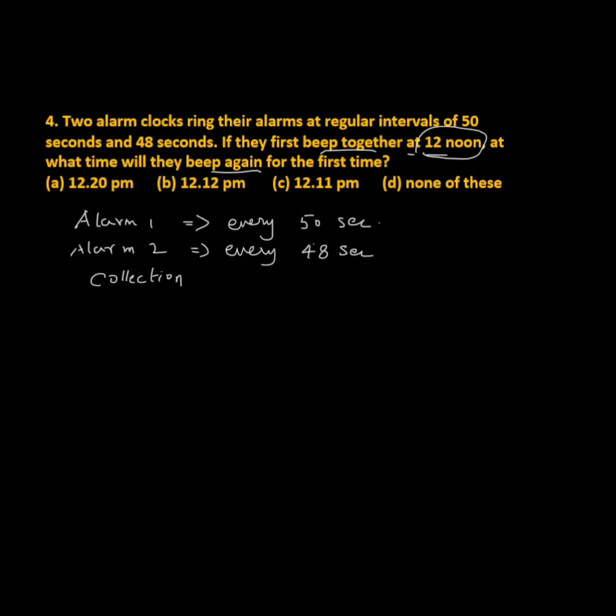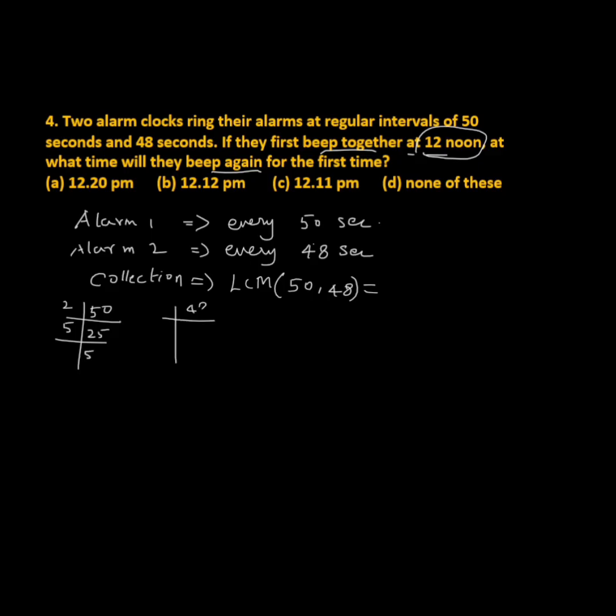Whenever we are finding a collection, together and collection, we need to find the LCM. For arrangements and order, we need to find HCF. So here we need to find the LCM of 50 seconds and 48 seconds. For 50, 2 times 25 and 5 into 5 is the prime factorization.